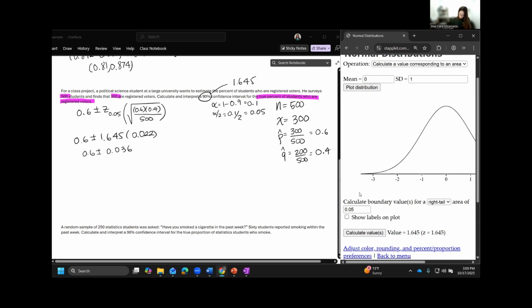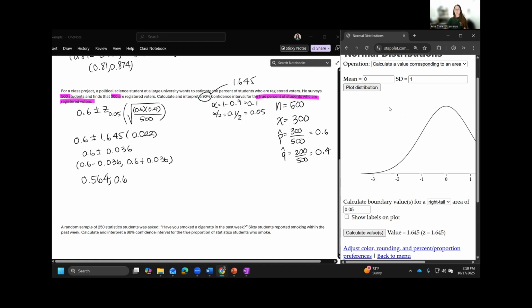For the lower and upper bounds, I have to do 0.6 minus 0.036 and 0.6 plus 0.036. So 0.6 minus 0.036 is 0.564, and 0.6 plus 0.036 is 0.636.